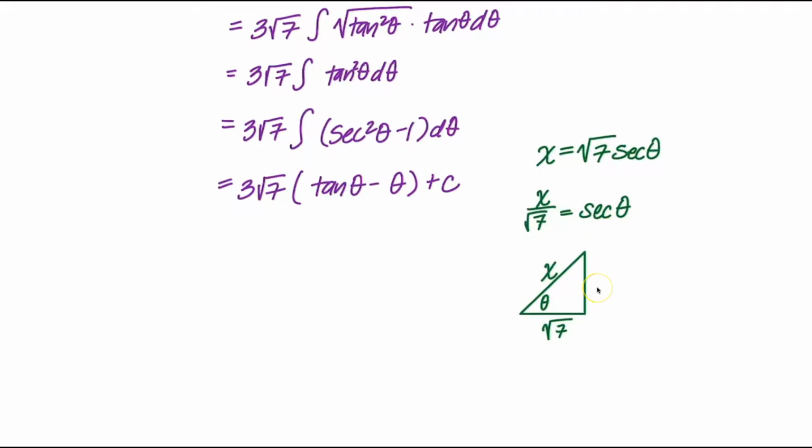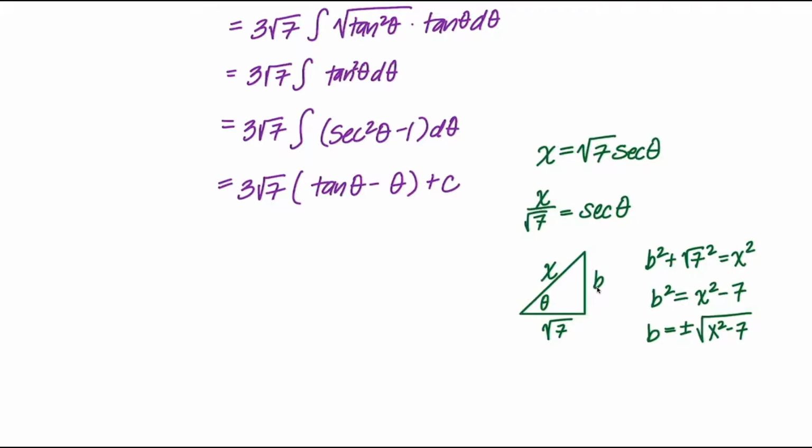And so I'm missing the opposite side. Let's go ahead and call that b. So b squared plus radical 7 squared equals x squared. So b squared is equal to x squared minus 7. So b is equal to plus or minus the square root of x squared minus 7.